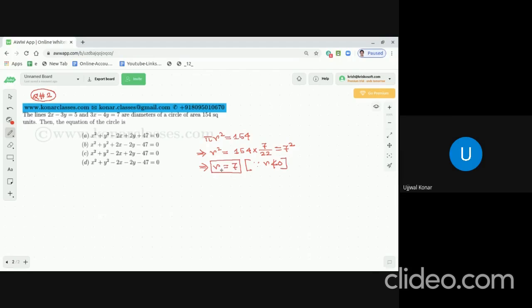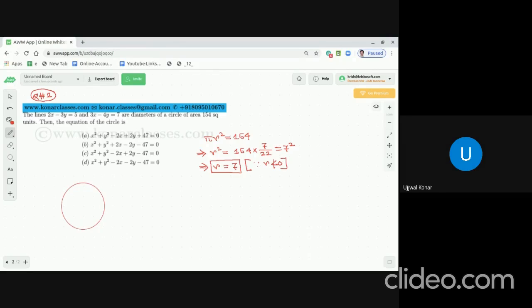Correct, dear students? Now, what you need to find is that if the two diameters intersect each other, then the intersecting point is nothing but the center of the circle. If I give a visual representation of what I just said, two lines are given, 2x minus 3y equal to 5.